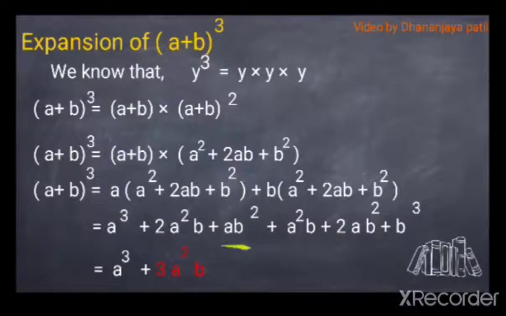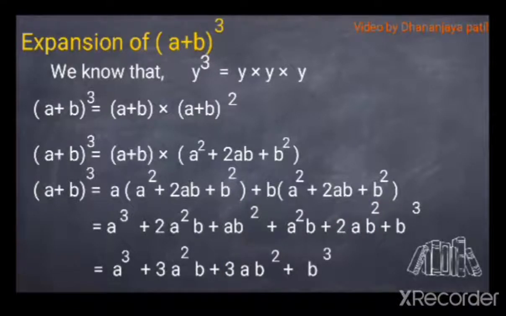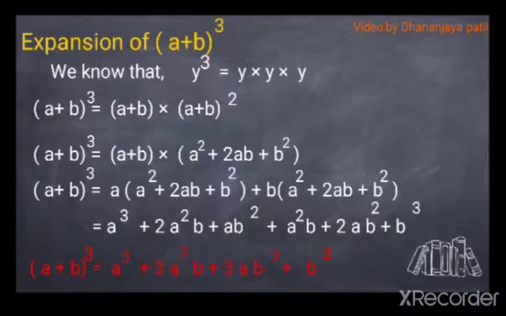Now ab square is again at two places. After addition we will get plus 3a into b square, and the last term b cube will remain as it is. We cannot add further because their index values are not the same. Therefore this is the final answer, and this is the expansion of (a plus b) cube.